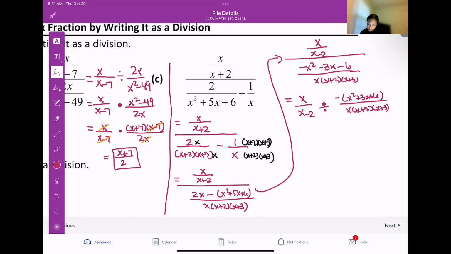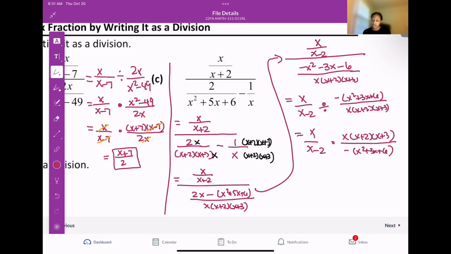I don't think I did. All right, then this would be x over x plus 2 times x times x plus 2 times x plus 3 over negative x squared minus 3x minus 6.